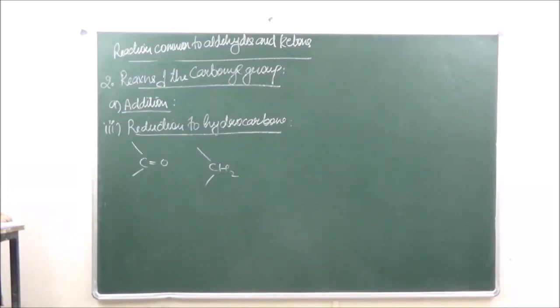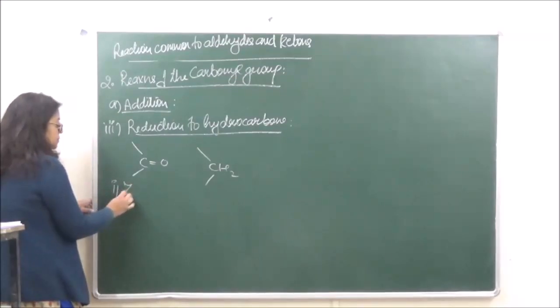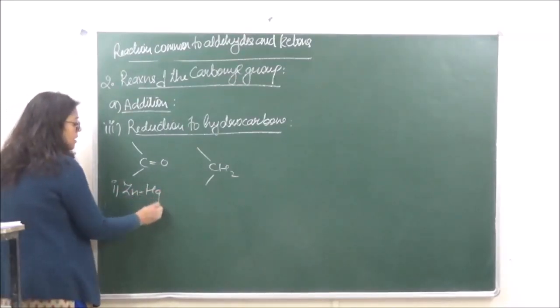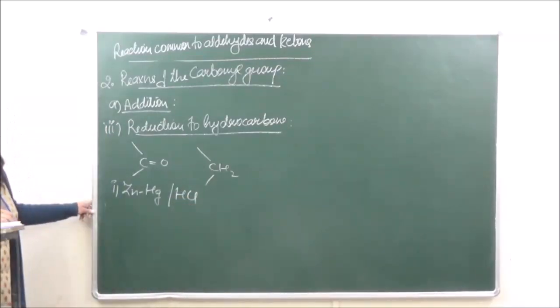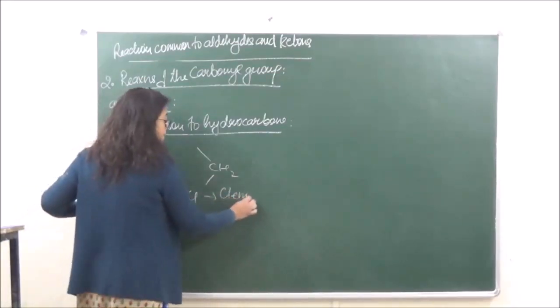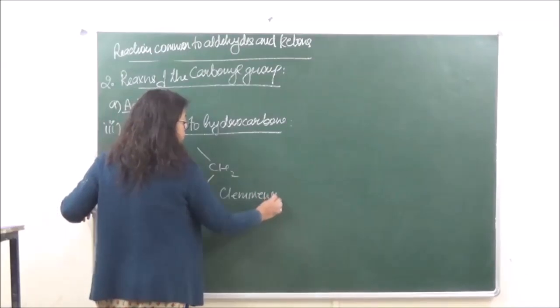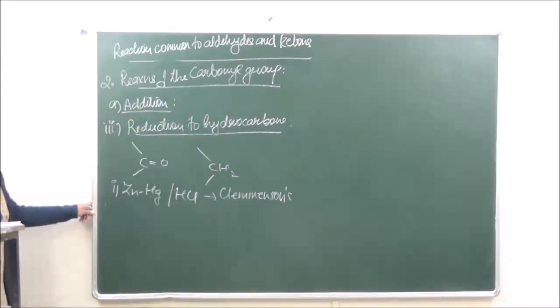So this is going to be the reaction to methylene group, and the reducing agent which we can use is zinc and mercury amalgam in presence of HCl. If you are using this reducing agent, the reaction is known as Clemmensen reduction, very important from your board's point of view.